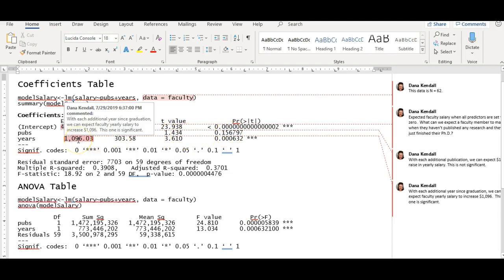But for years since graduating with our PhD, for every 1 year increase, we can expect to get $1,096 increase in our yearly salary. Right, so as we have 1 unit increase in years, or 1 year increase, we can expect the salary to go up by this much.